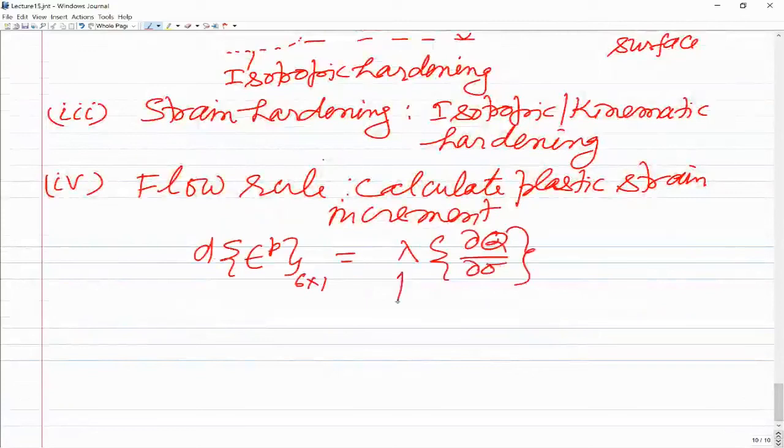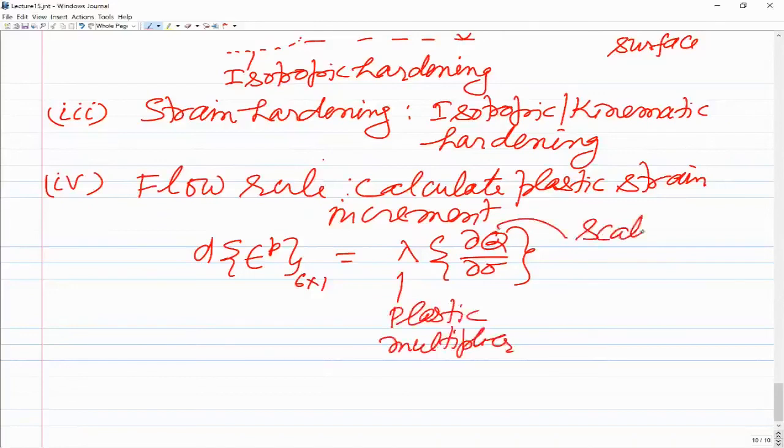Here this lambda is known as the plastic multiplier, and this q is a scalar plastic flow potential function.